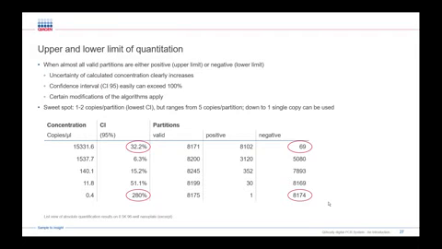The confidence interval easily can exceed 100%, and certain modifications of the algorithms will apply. Now, the sweet spot for minimal confidence interval values lies in the range of 1 to 2 copies on average per partition. But quantification can range from 5 copies per partition on average down even to 1 single copy in the whole reaction.